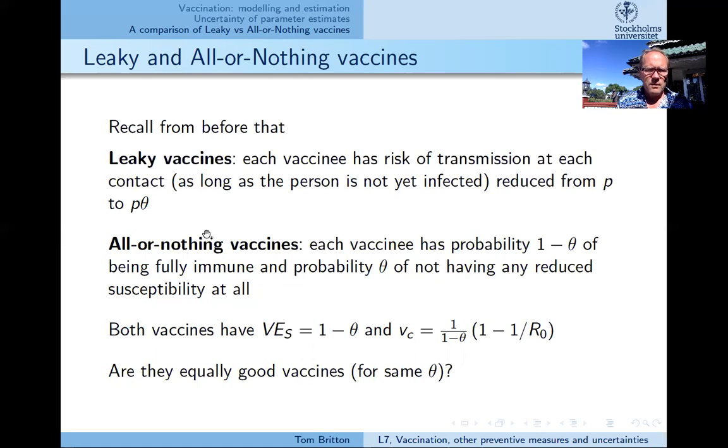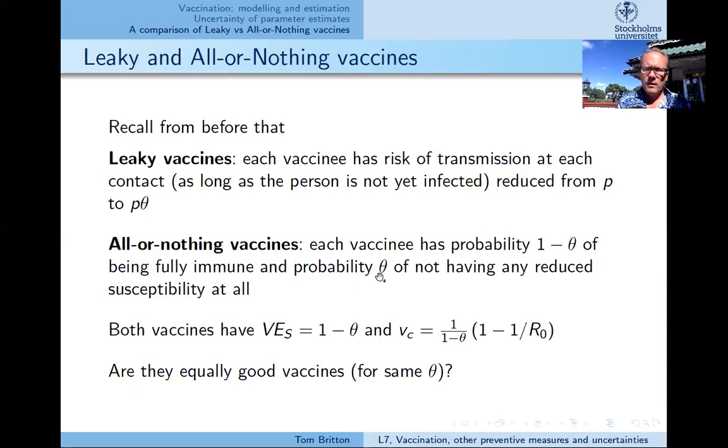Another possibility is, I guess this is probably the way most people think of vaccines, that it either works or it doesn't. You can say that the vaccine works in a fraction 1 minus theta and has no effect at all with probability theta.